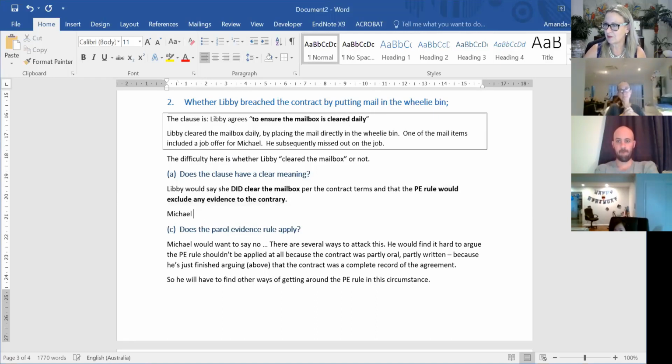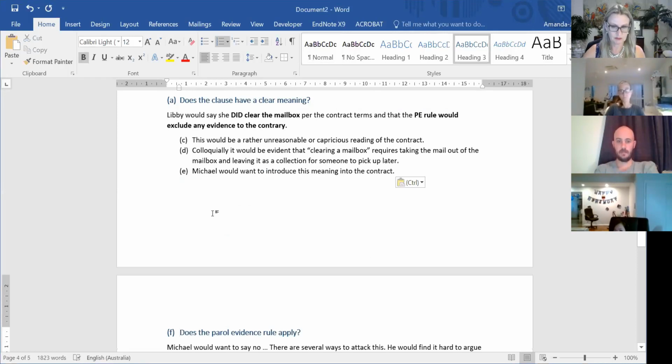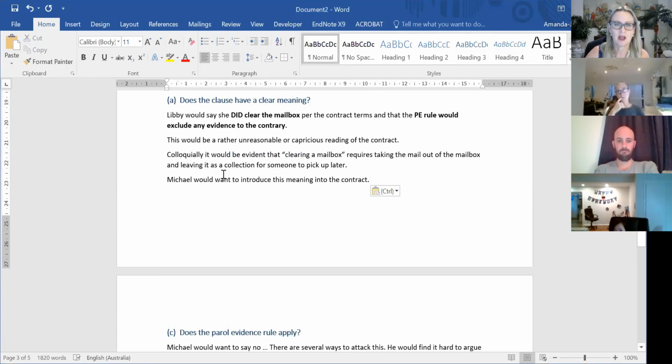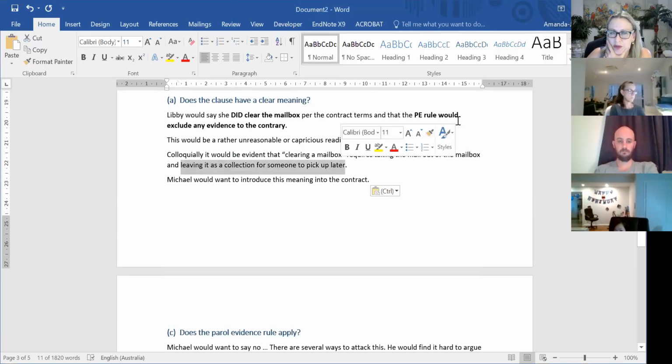Michael would want to introduce a meaning into the contract that clearing the mailbox requires her to take the mail out of the mailbox and leave it for him to pick up later, wouldn't he?